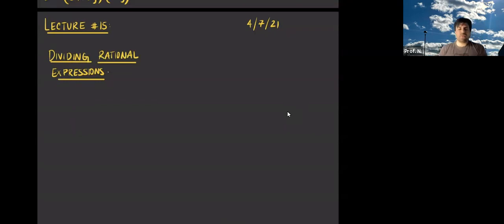Dividing rational expressions is analogous, similar to dividing fractions. And if you remember how we divide fractions, we have to keep, change, and flip. So this also will apply here. We keep, change, and flip.